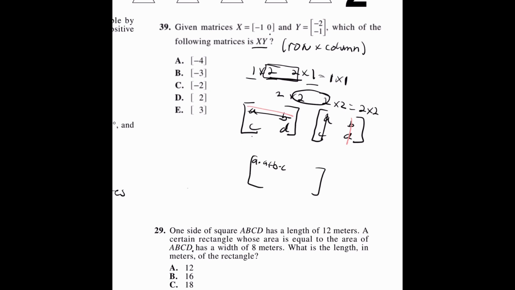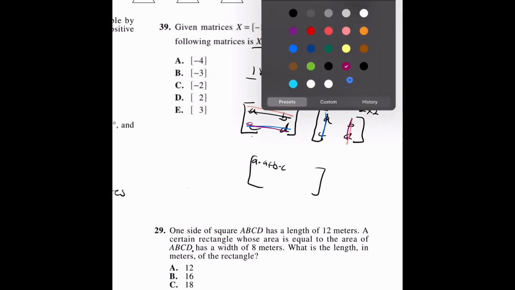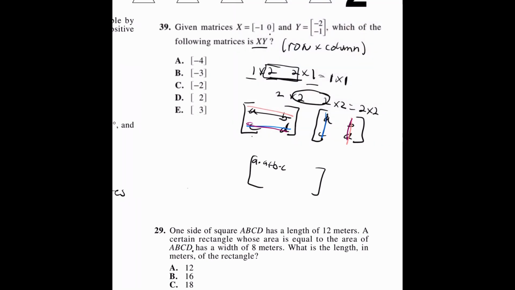And you just keep going over and over until you make a new matrix. And so then this would be A times B plus B times D. And you just keep doing that. So let's go back to our problem. If you have any more questions about matrices, come and see me and I will describe it better.